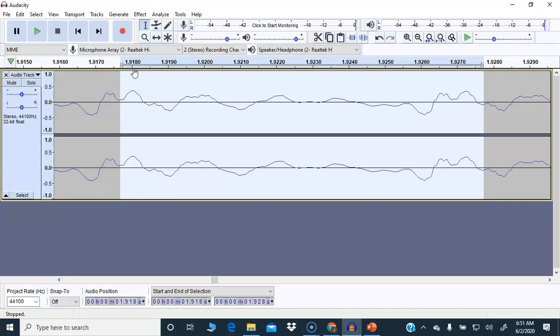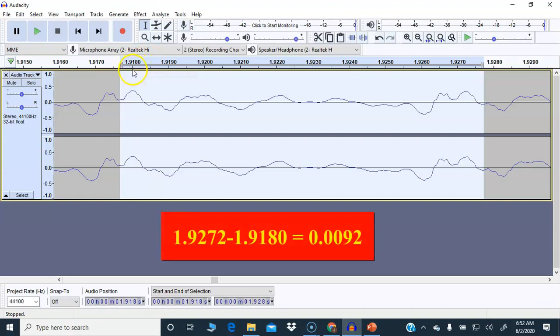It's 1.9180. I'll move the hand just so you can see the number clearly. It's this number right here. 1.9180 is pretty much right where that hand is pointing. So I'm going to write that down. So that's the beginning of one cycle of the wave.